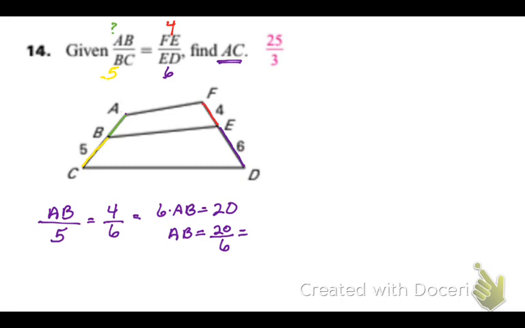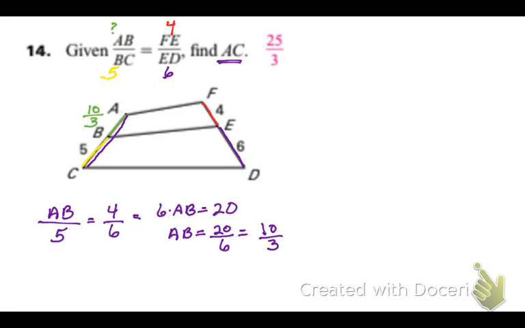Let's divide the top and the bottom by 2. 20 divided by 2 is 10, 6 divided by 2 is 3. So AB is equal to 10 over 3.